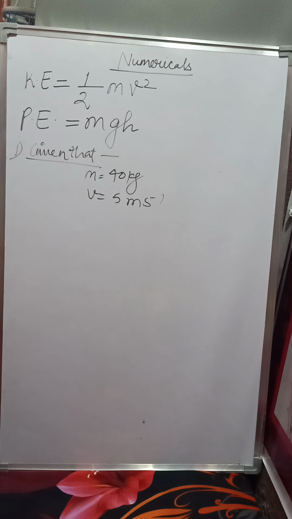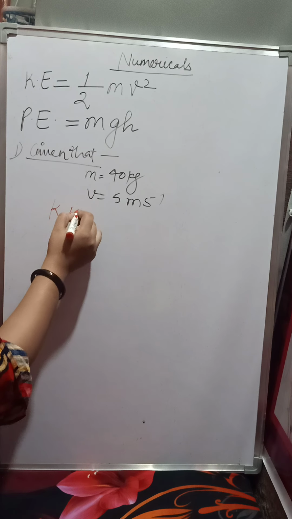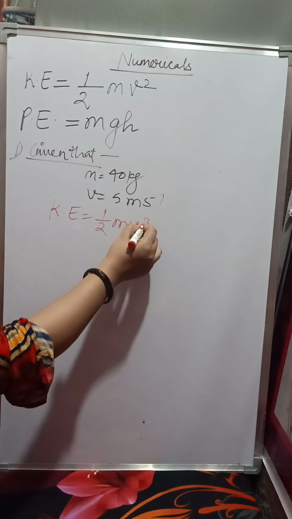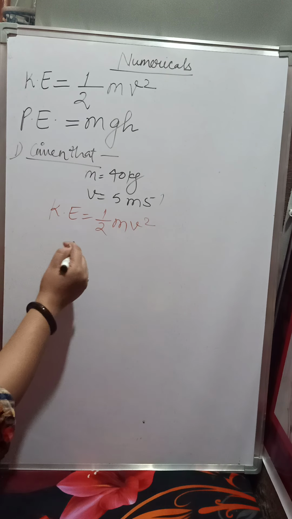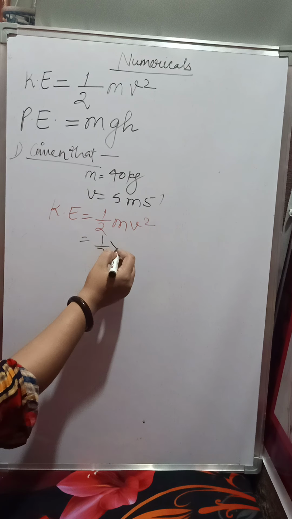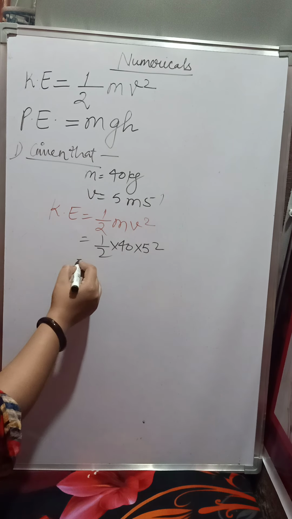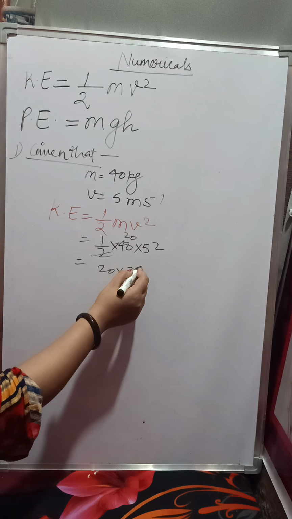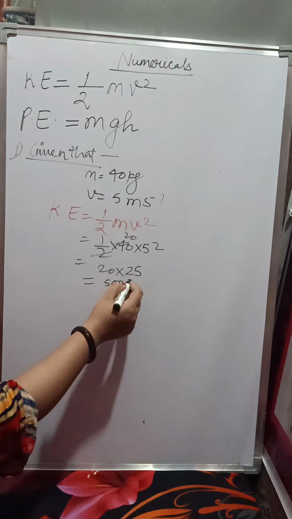Calculate the amount of energy. When the velocity or the speed is given, then we apply kinetic energy, which is equal to half mv square. Put the values here. In place of m, 40, v square is 5 square. So this is 20 into 5 square, that is 25. This is 500 joule.